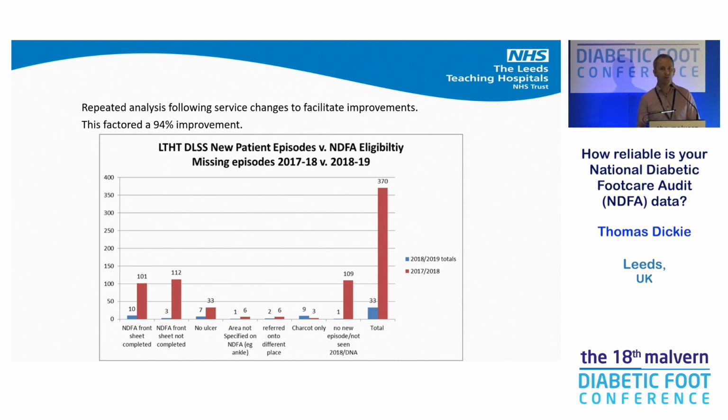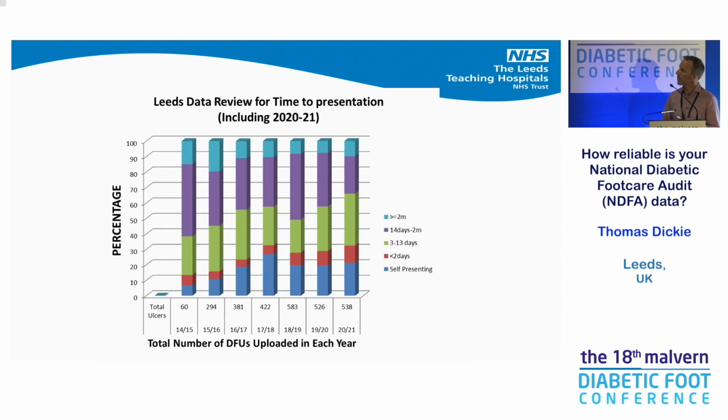So we only had 33 to find and upload. What we did was extract the data for NDFA for our region and cross-check it against all the software that we have in our trust. This is just an example of real-time data. We could pull this off tomorrow, and we'd get last week's data in there, if it's uploaded to the UK, which I believe it is, talking to our colleagues in Leeds.